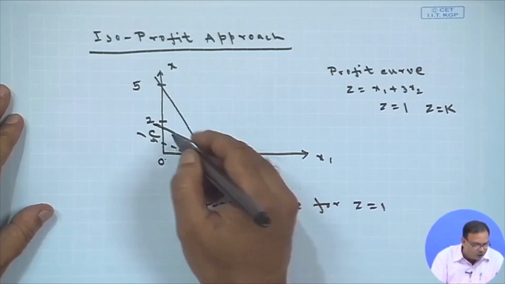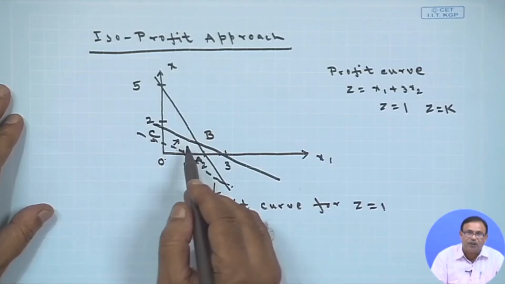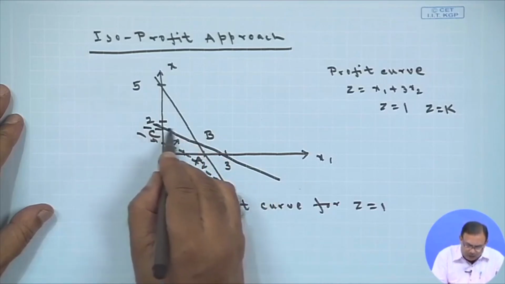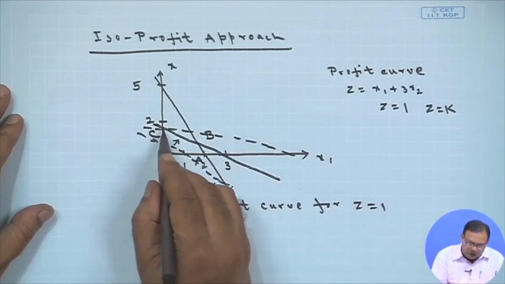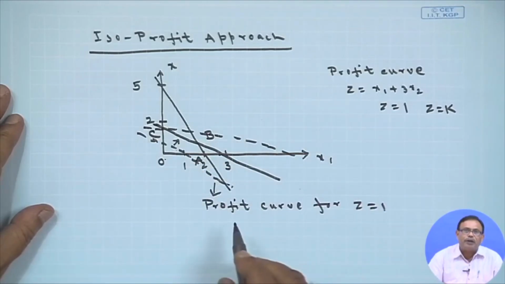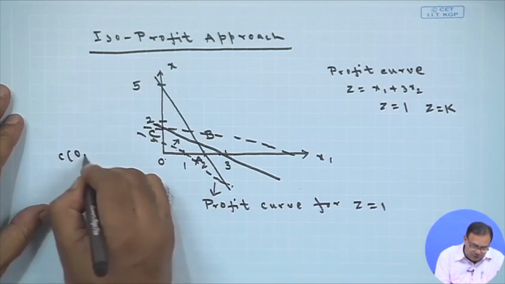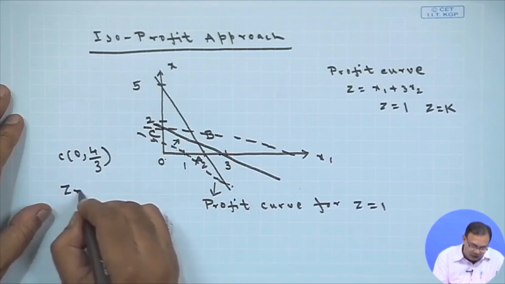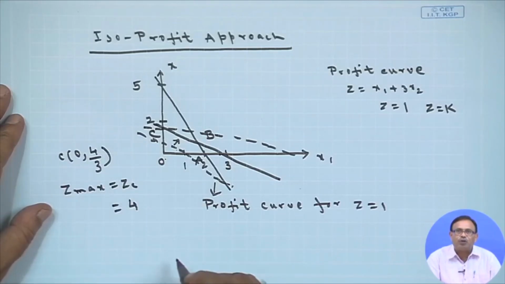So, from here it is quite clear, if you move in this direction, along this line, then at some point I will get a line like this, which basically crosses the point C. Once it is crossing the point C, that is C is your (0, 4/3), there you will obtain the maximum value, that is z max equals z at C, whose value is equal to 4.